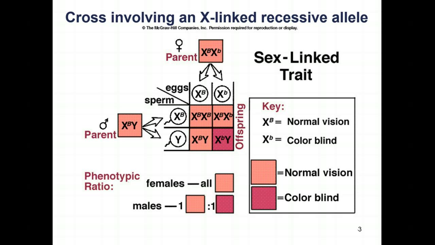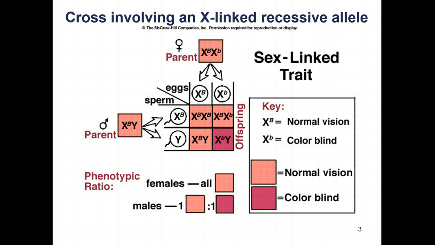He will have normal color vision if his X chromosome bears the dominant normal version of the allele, or he will be colorblind if his X chromosome bears the lowercase mutant version of the allele.